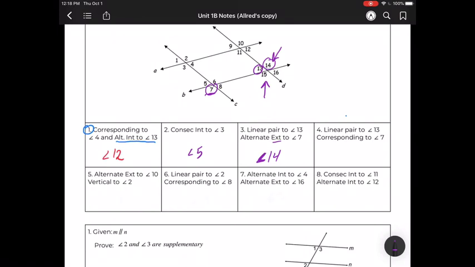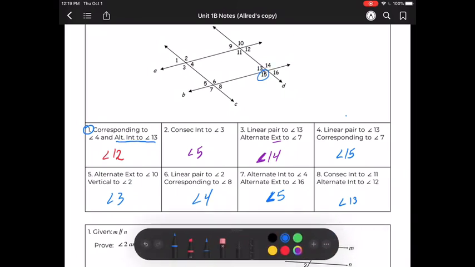These should be the answers you get. For number 4, linear pair to 13 and corresponding to 7 is angle 15. And for number 5, alternate exterior to angle 10 and vertical to angle 2 is angle 3.